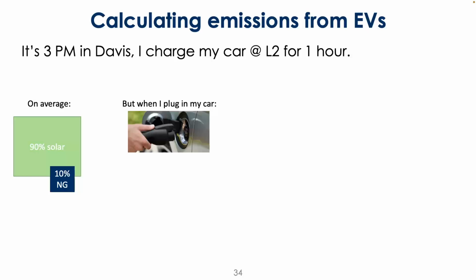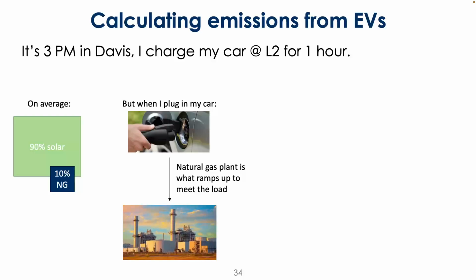And so the thing that is last to dispatch is the natural gas plant. So when you plug in your car, the solar is already fully utilized, right? It's fully on. There's nothing left to use because that was the first thing that was dispatched. But there's still room on the natural gas side to increase, right? So it's actually the natural gas plant that would technically be ramping up to provide you the electricity that you're putting into your car.